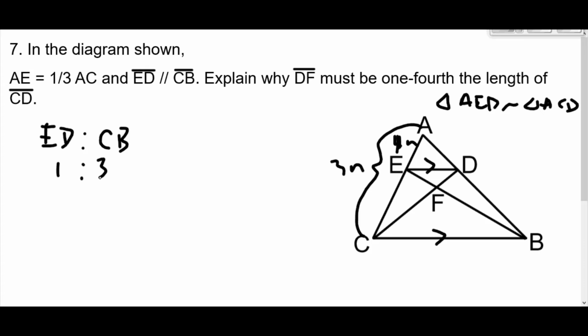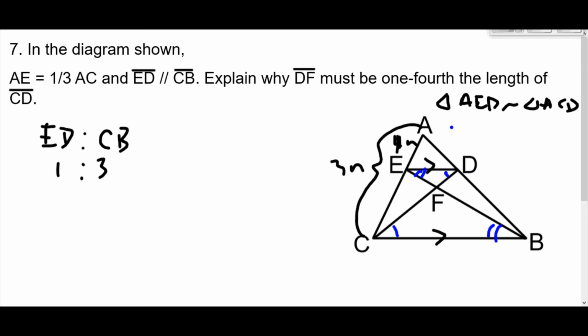Well, if those line segments are parallel, if in this case ED is parallel to CB, that would mean angle EDF and angle DCB are congruent, because in this case, alternate interior angles of parallel lines are congruent. The same thing for angle DEF and angle FBC, again for the same reason. And so we know the triangles are similar.